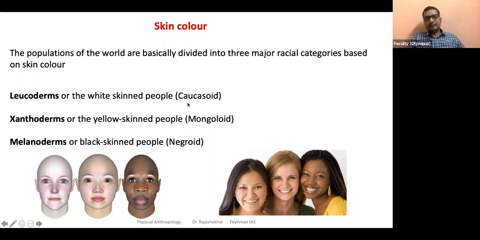Leucoderms are those white skinned people who are Caucasoids. And xanthoderms are Mongoloids. They have some yellowish color. You're able to differentiate here, fair, yellow, dark. And melanoderms are black skinned people.